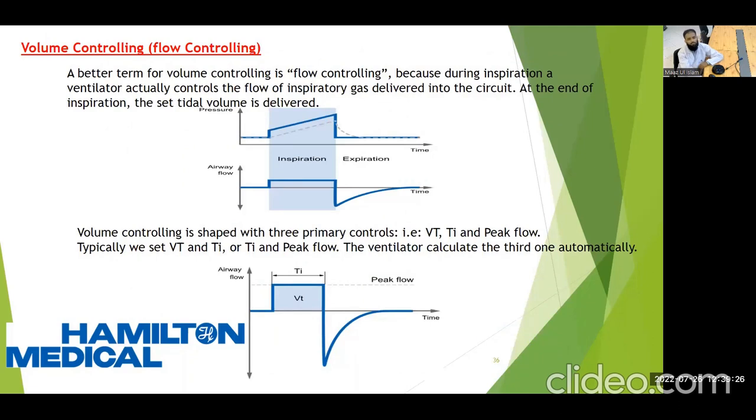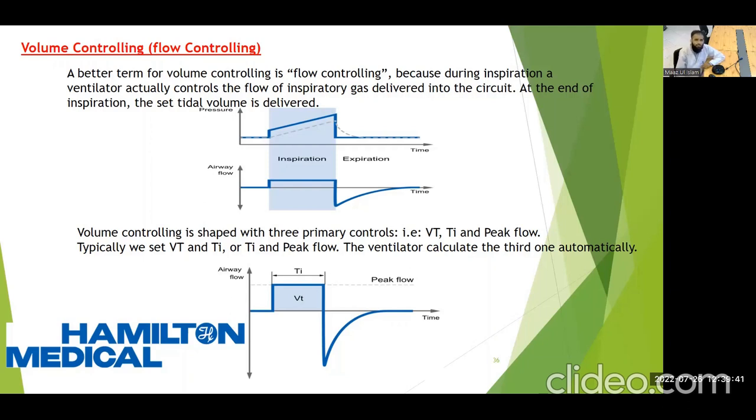First we will define the volume controlling mechanism, then the pressure controlling mechanism, and further categories of pressure controlling like hybrid controlling and one other.